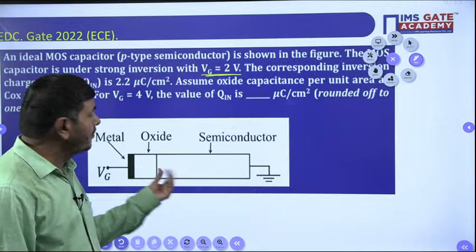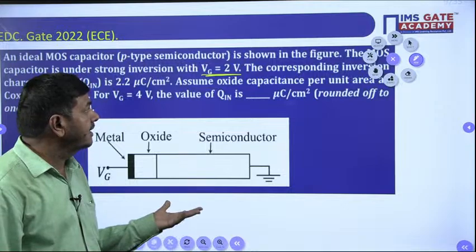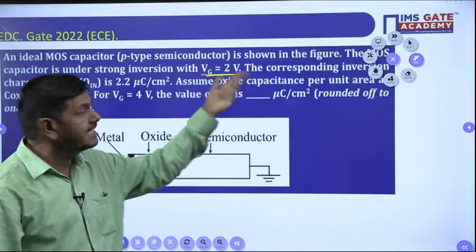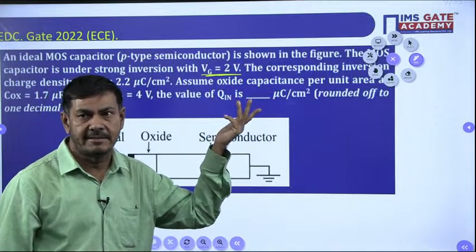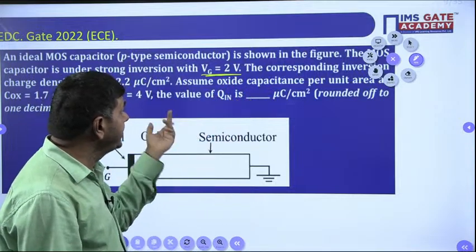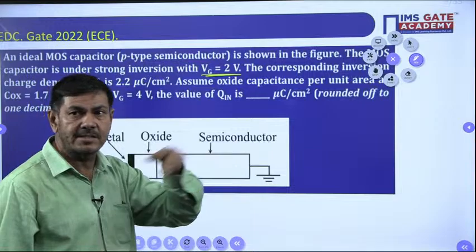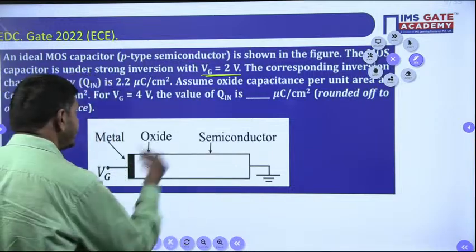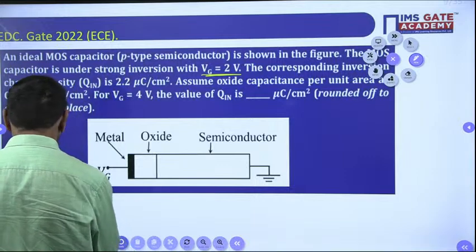But in the MOS capacitor, the source is always grounded. Vg or Vgs also we can put. It's not a mistake. The gate potential and Vgs, which is Vg minus Vs. Vs is grounded mostly. Okay, that's Vg or Vgs.